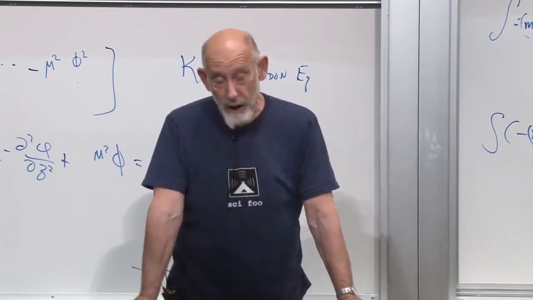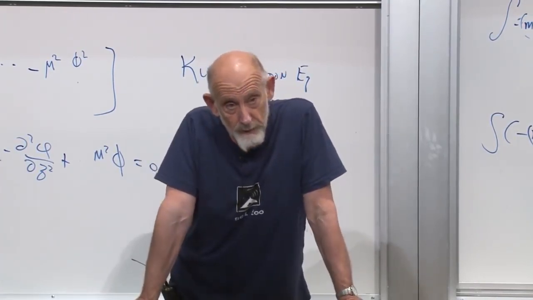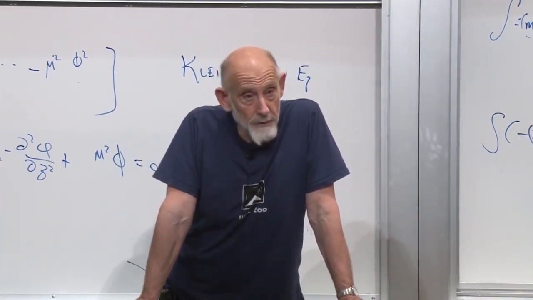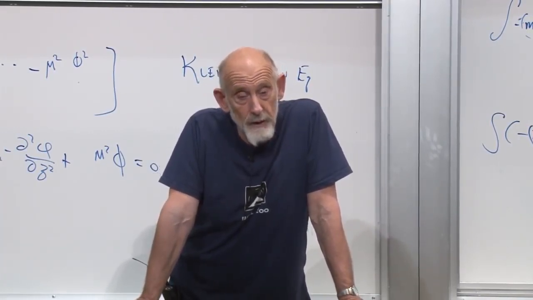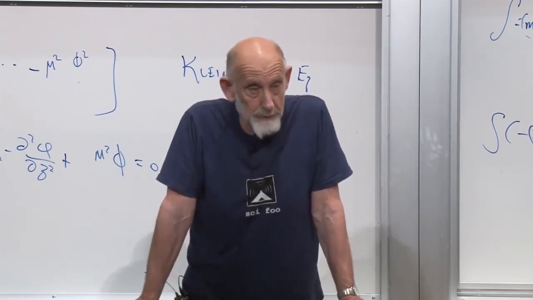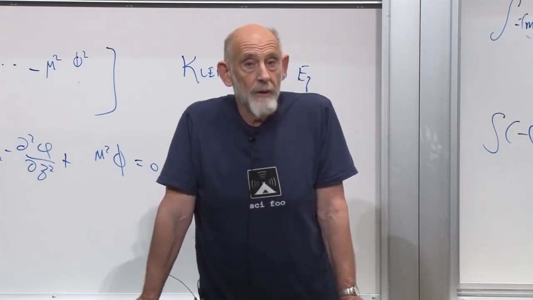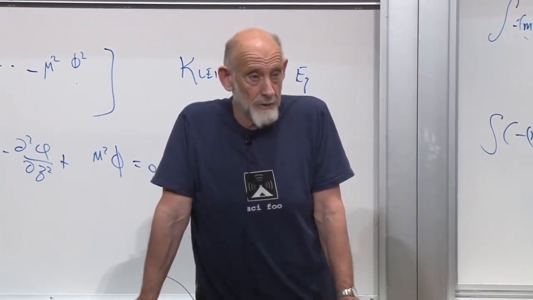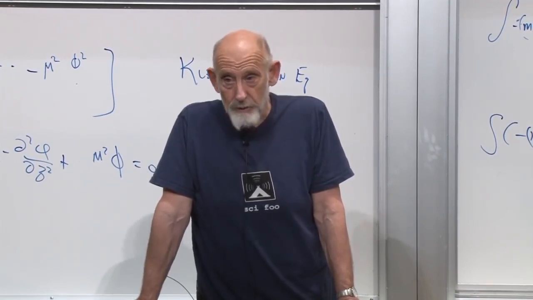Protons and neutrons do not get their mass from the Higgs phenomenon. Quarks, in some sense, yes, but protons and neutrons, not.